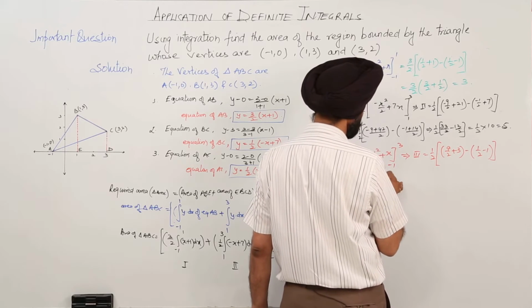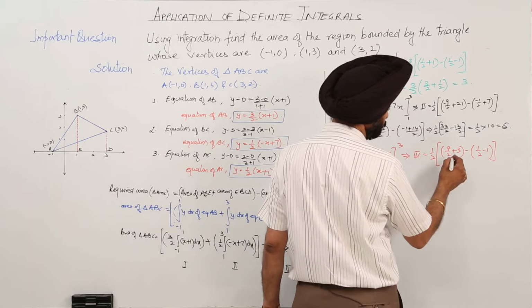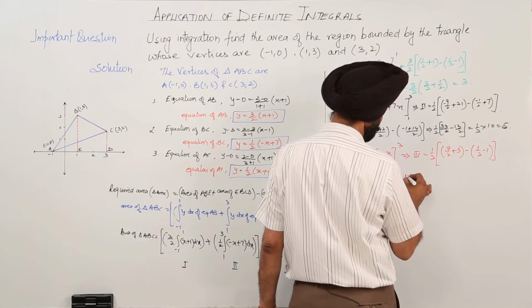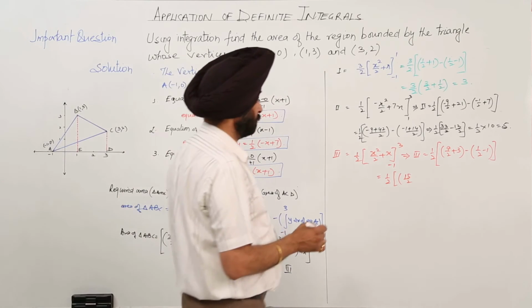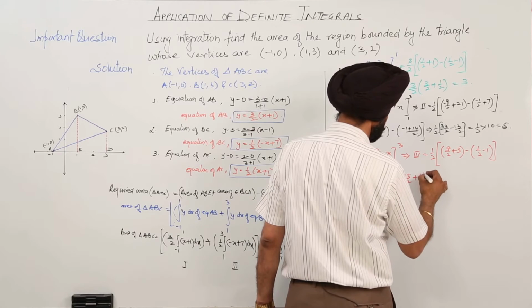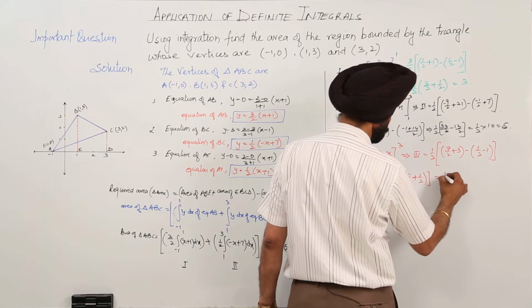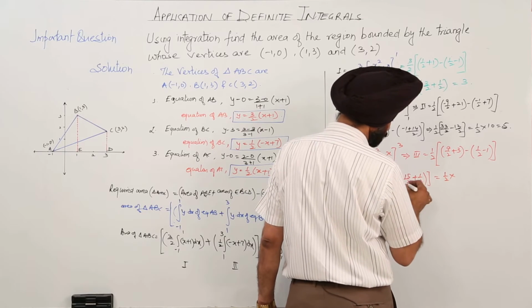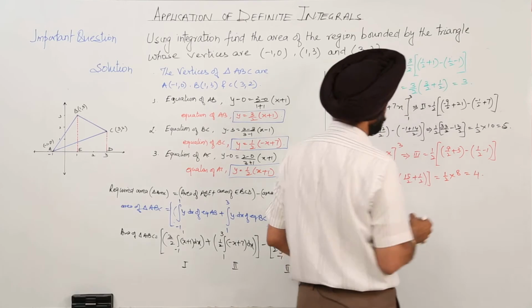Now this is equal to 1 upon 2 times (15 upon 2 plus 1 upon 2). This is equal to 1 upon 2 times 8, which is equal to 4.